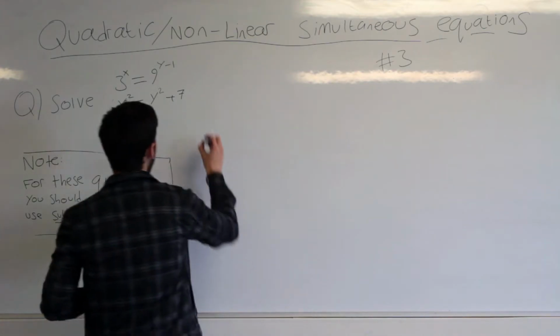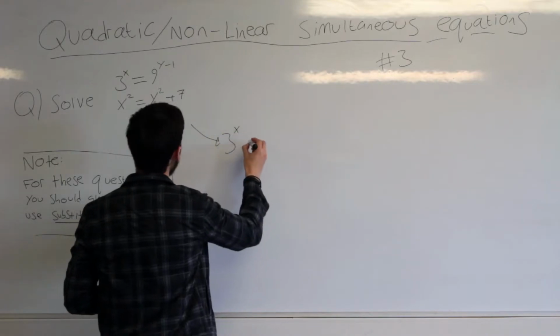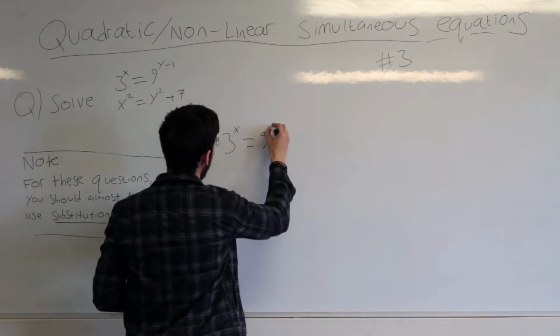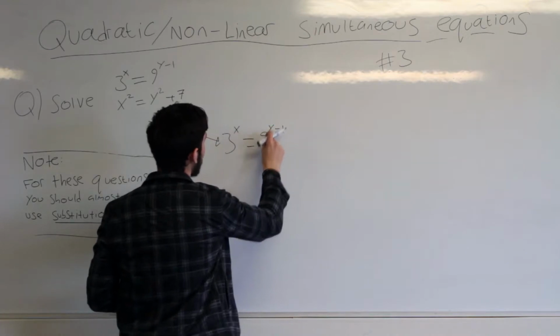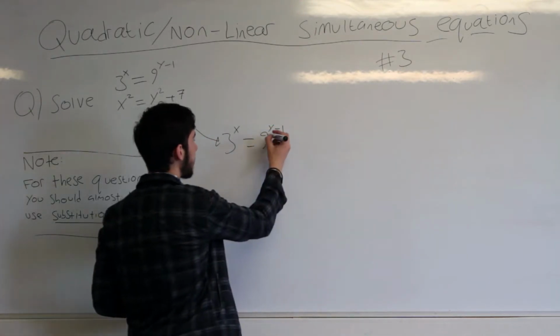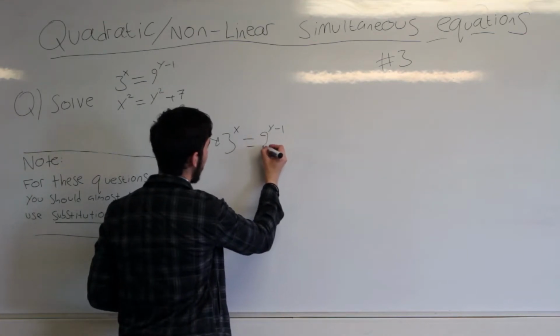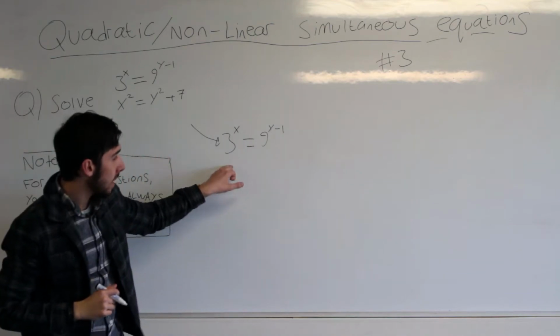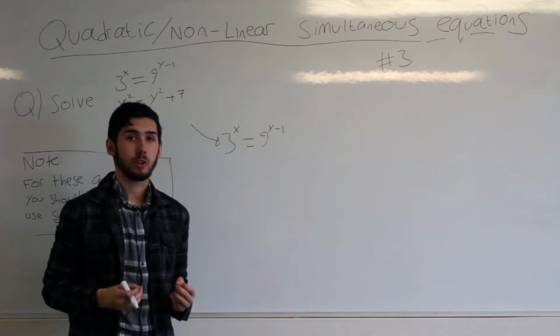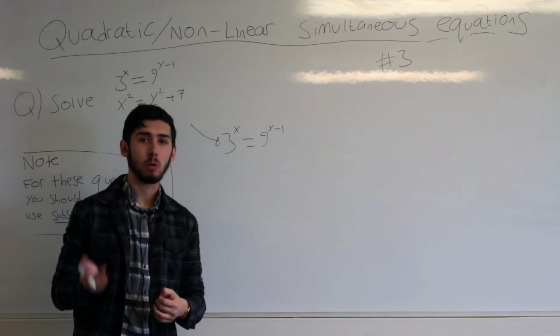We're going to do basically what part 1 of this question was asking us originally. We want to convert 3 to the x equals 9 to the y minus 1 into something that's much nicer. How do we do it, guys? Well, this is just something that you need to see. You need to observe a pattern with these questions. 3 and 9 are related to each other exponentially because 9 is 3 to the power of 2.